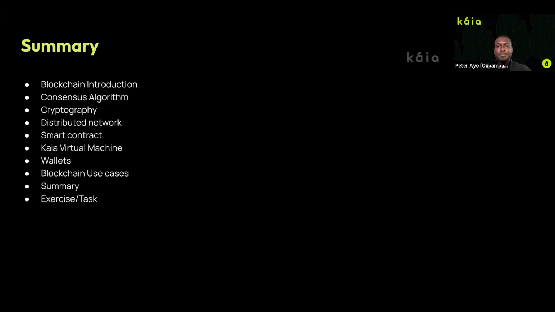And so far, today, we have been able to look at blockchain introduction, right? We defined blockchain to be a shared and distributed immutable ledger that enables the recording of transactions and also the tracking of assets within a network, right?